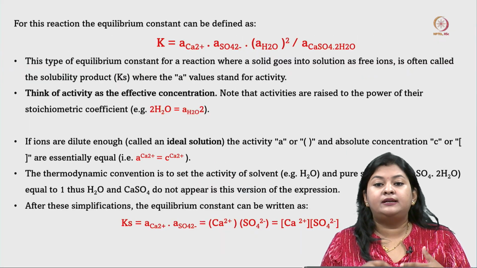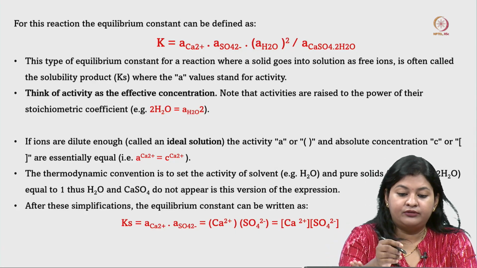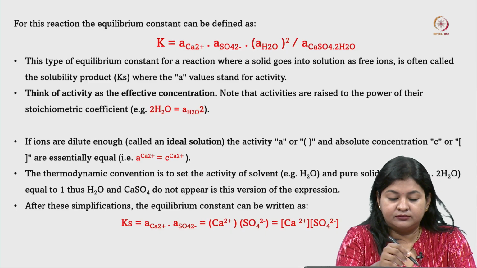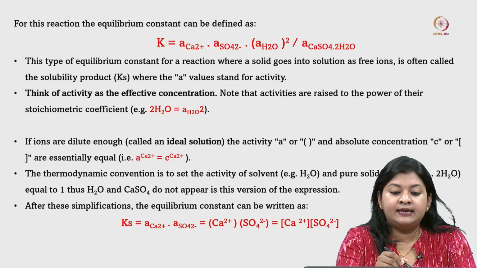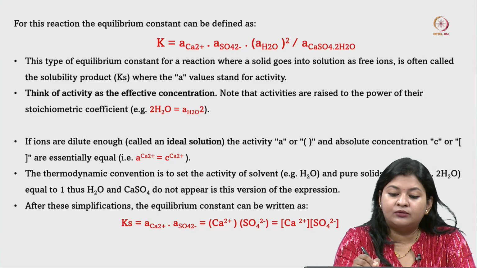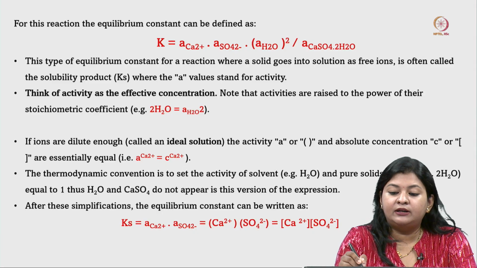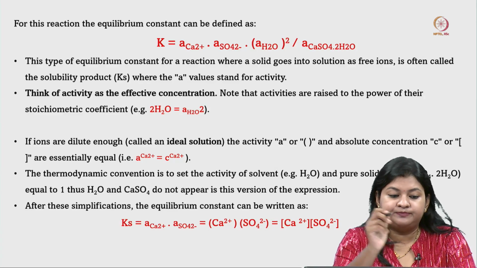Now, whether a reaction is happening or not. First, how do we write the equilibrium constant term, that is K? K is equal to the activity of calcium 2+ into the activity of SO4 2- into the activity of H2O whole to the power square, divided by CaSO4·2H2O, that is gypsum.